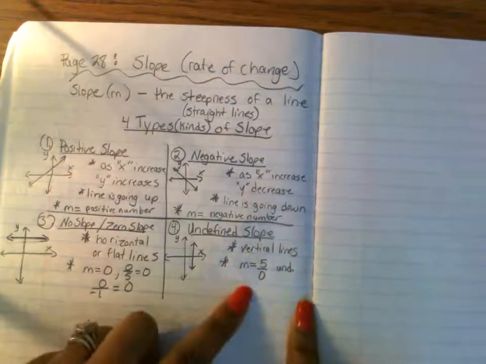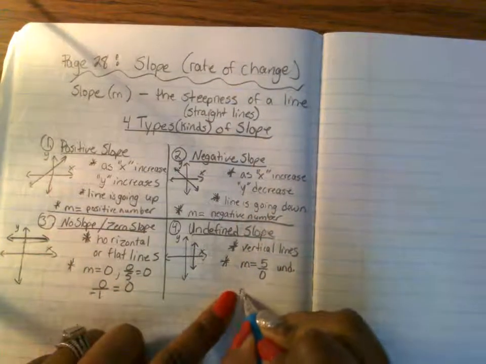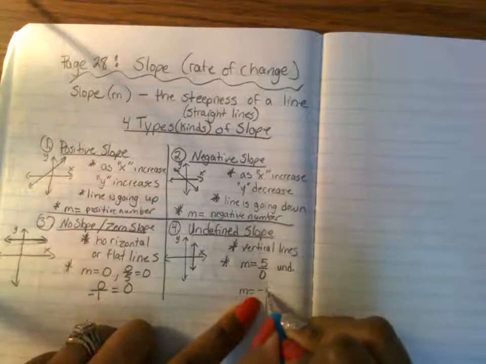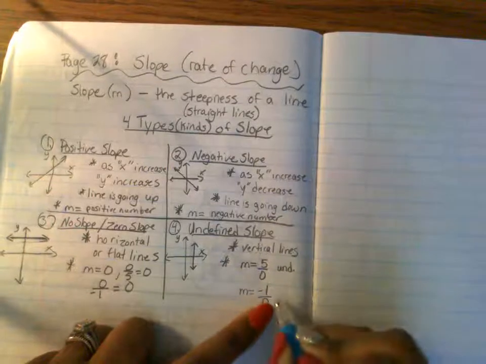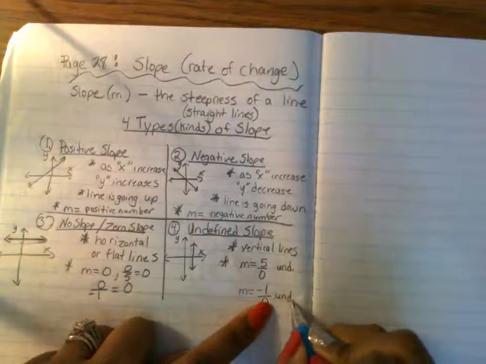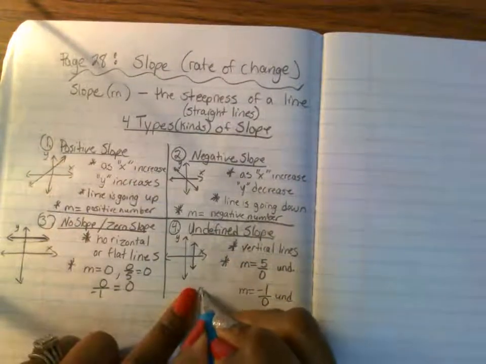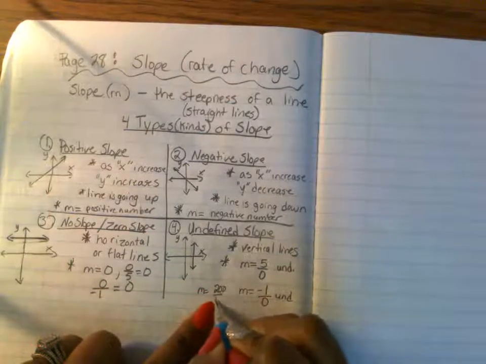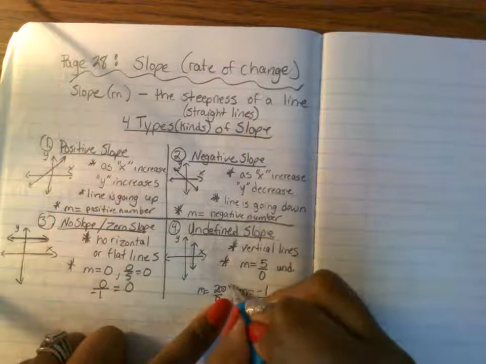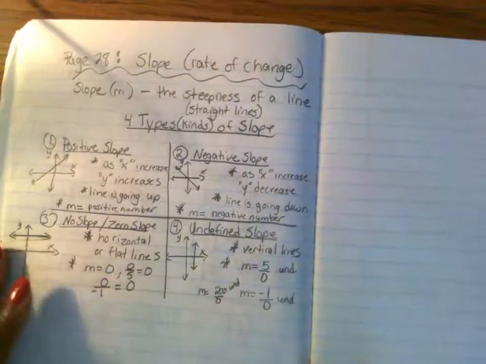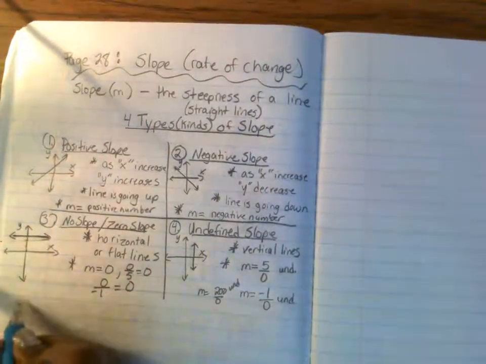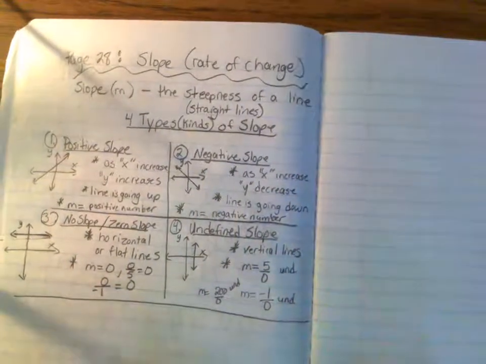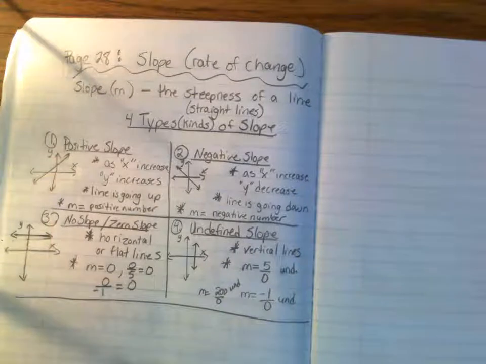So anytime you have a number, I'm going to put a negative number over 0. It's undefined slope. You can have a larger number, such as 200 over 0. It is still undefined slope. I'm going to pause for the calls.